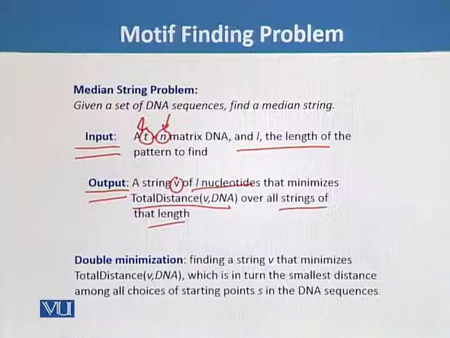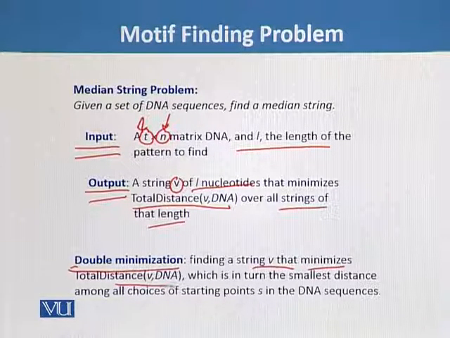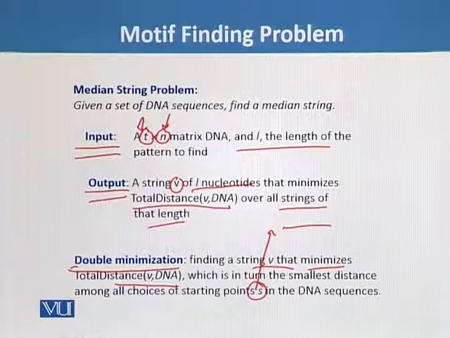that minimizes the total distance, that is V, DNA, over all strings of that length. So we get the double minimization by using this algorithm, finding a string of V that minimizes the total distance, which is in turn the smallest distance among all choices starting from S. We have seen that within the DNA sequence the specific motif will start at different positions within the promoter region.